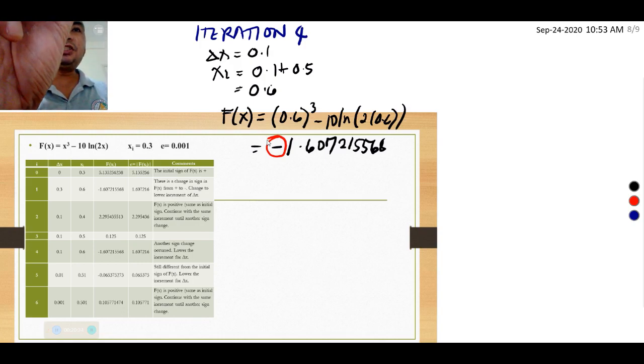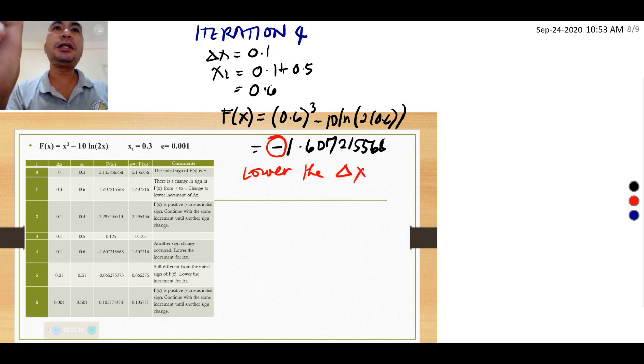So since there is a change from positive to negative, we need to lower the delta x.